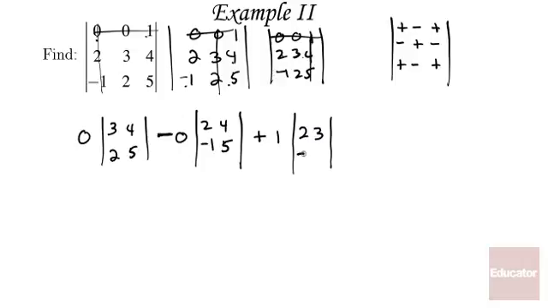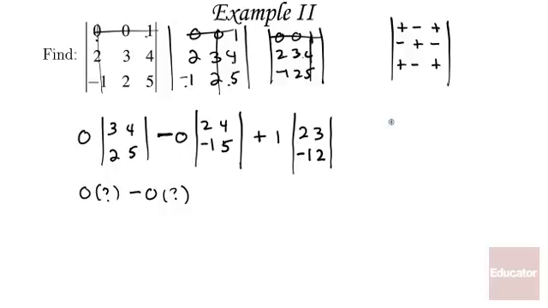As you can see, these zeros make the math much easier because 0 times whatever this determinant turns out to be, it doesn't matter what it is because it's just going to drop out. Same with this one. If I don't know what it is, it doesn't actually matter.